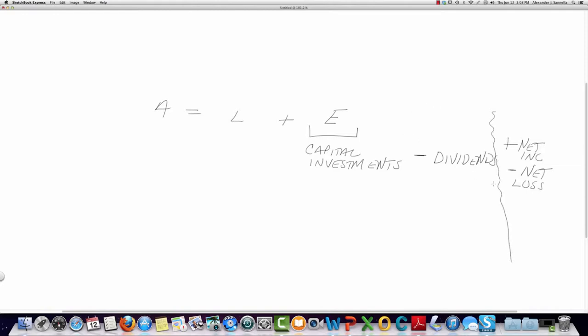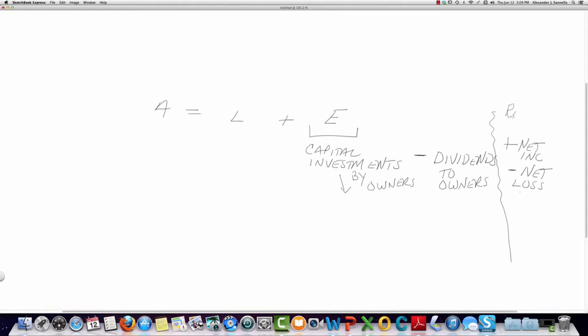The difference here is that capital investments by owners, you're putting your own money in, so it's not income. Dividends paid to owners is taking your own money out of the company, and it's not paid to outsiders.